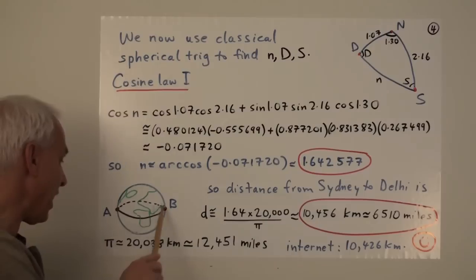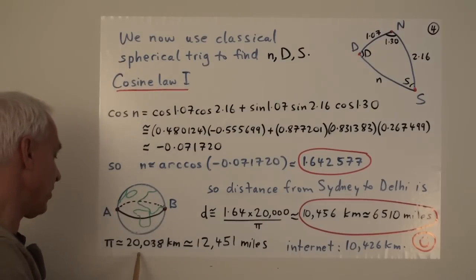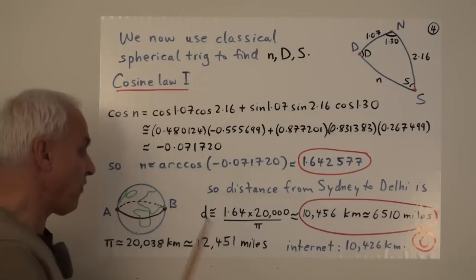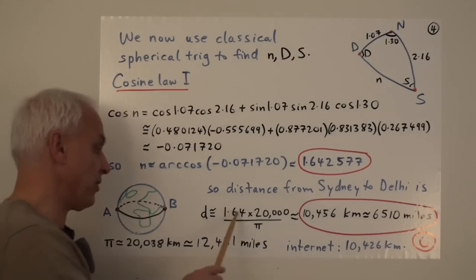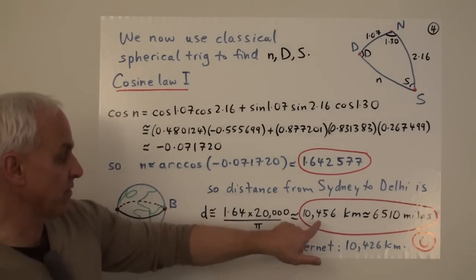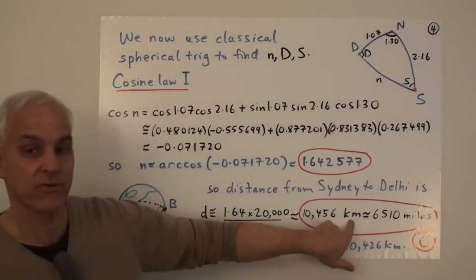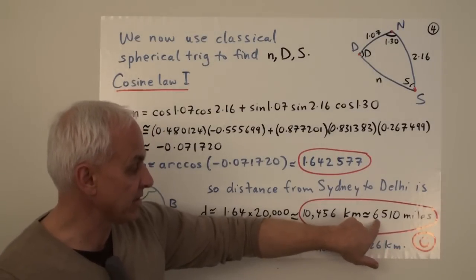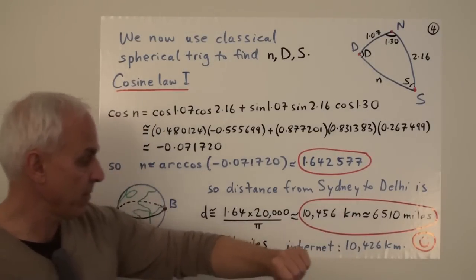All right, so if pi radians translates to 20,000 kilometers, then 1.64 radians is going to translate to 1.64 times 20,000 over pi, which turns out to be 10,456 kilometers. If you divide by 1.6, the corresponding amount in miles is 6,510 miles.